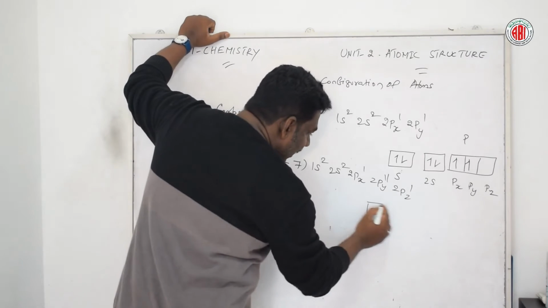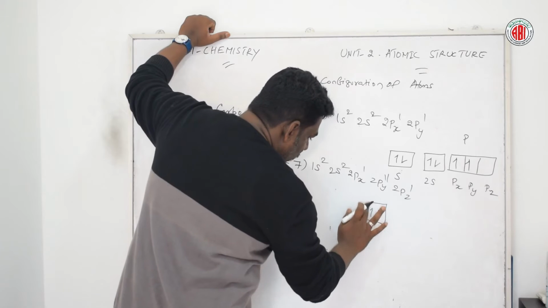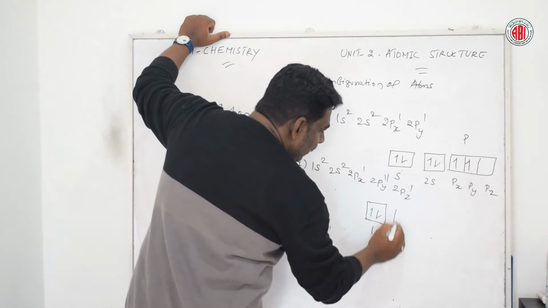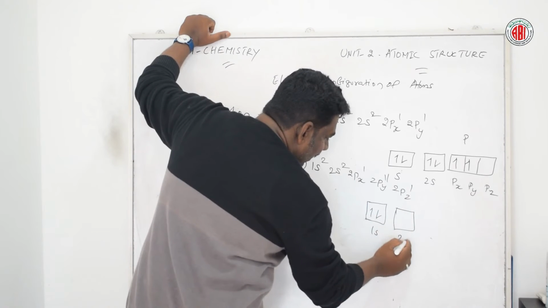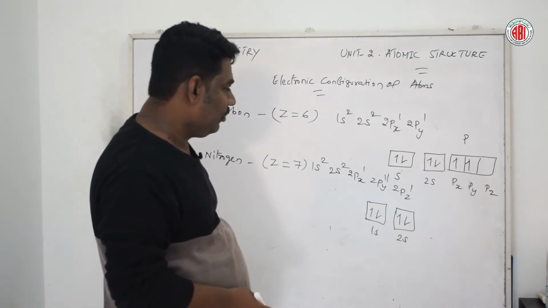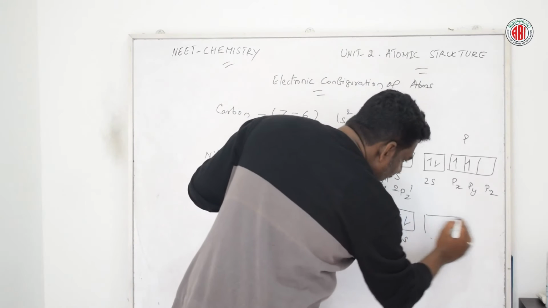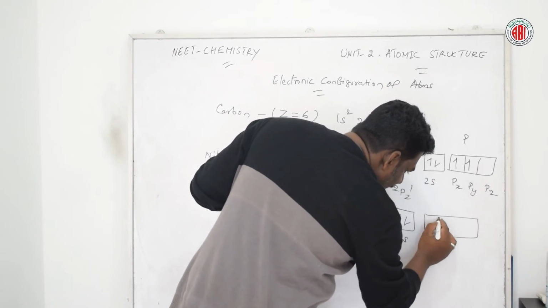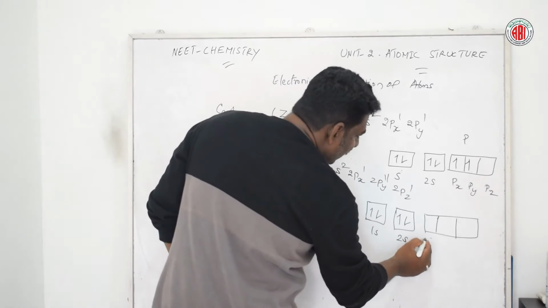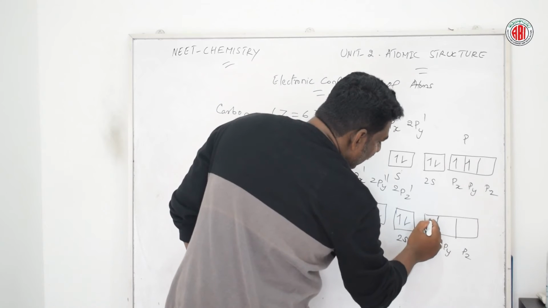Talking about the diagrammatic representation, you see here 1 electron, here 2 electrons in the 1s orbital, and in the second box we write the 2s orbital, with 2 more electrons in upward and downward directions, showing spins in opposite directions. Next, the p orbital can be divided into 3: p of x, p of y and p of z, each carrying 1 electron.